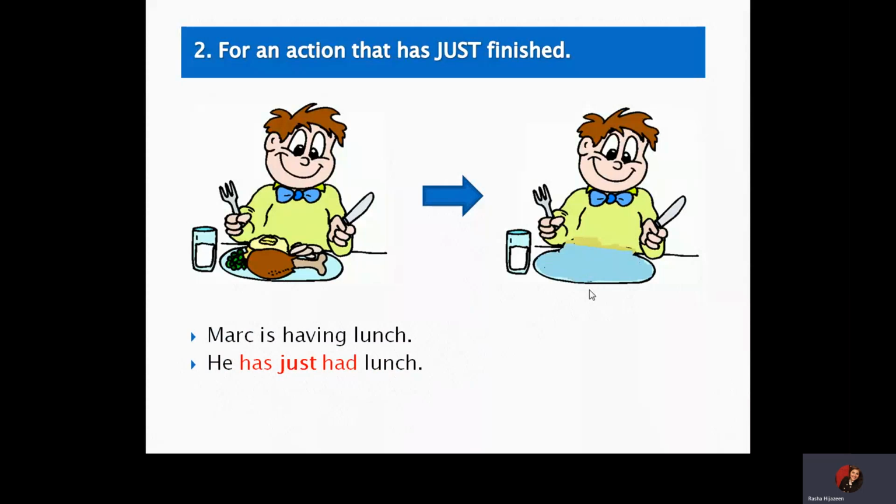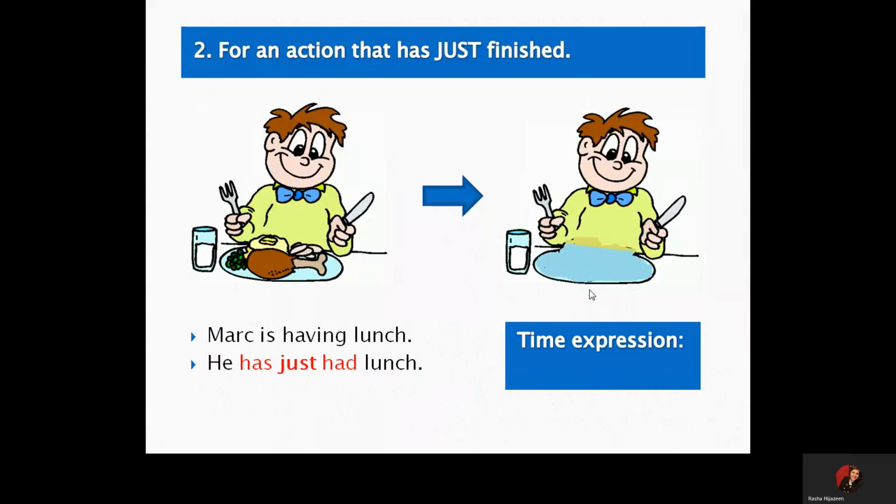Okay? The time expression in this sentence is the word just. The time expression, the word just, is to tell me that the action has just finished. Just to let me know that Mark has just finished his lunch.